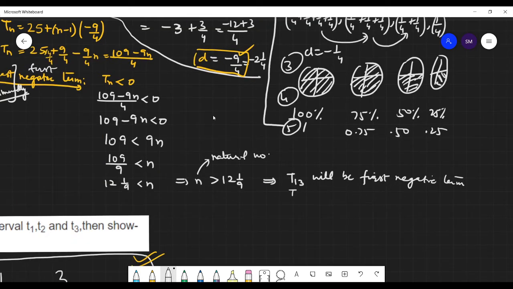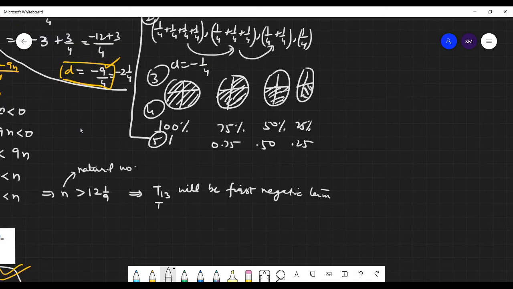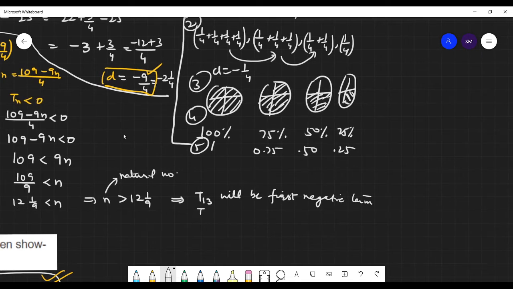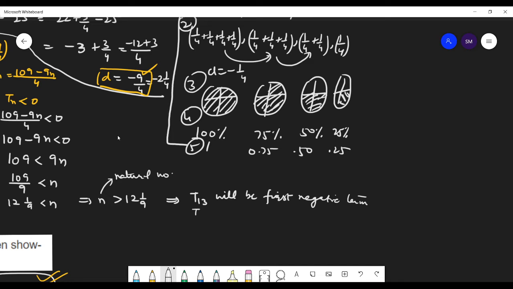Okay. So T13 and then T12 will be the smallest positive term, right? Now students, what are T12 and T13, these values? What is T12?